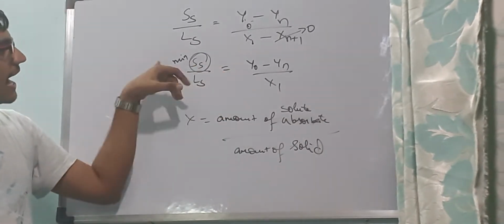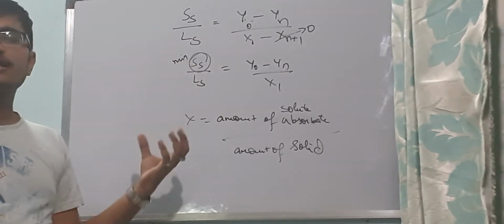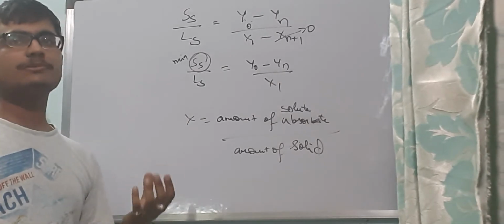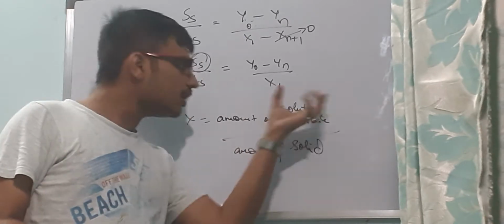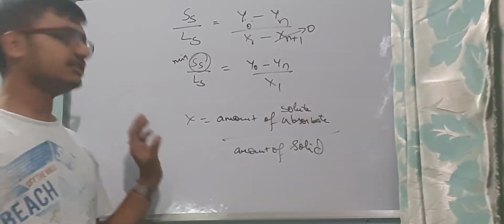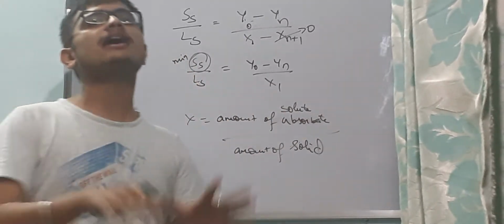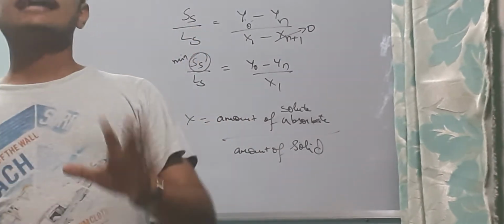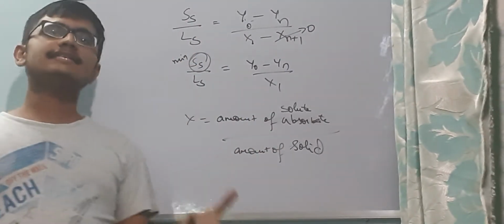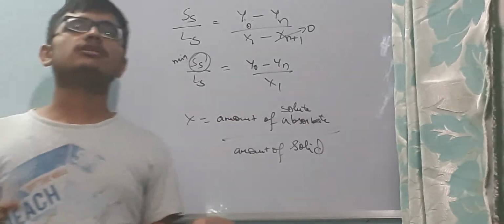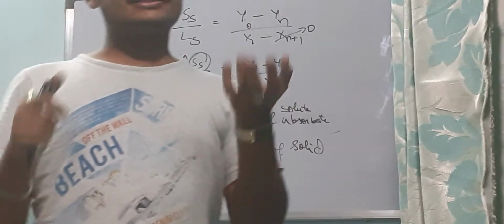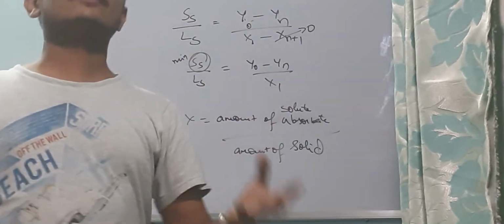So to have the minimum amount of solid required, what is the minimum amount of adsorbent required? This x value should be maximum, so more and more solute particles get settled. That will only give you the minimum value. Maximum adsorption is when more and more solute particles settle on that solid material. For that, the minimum solid required is our aim.